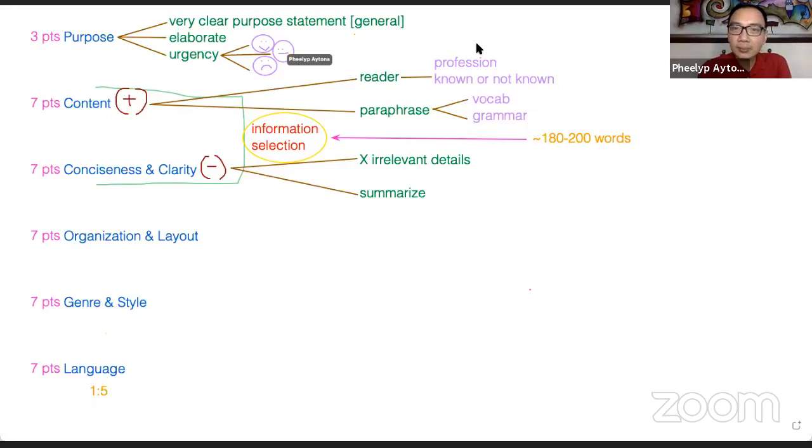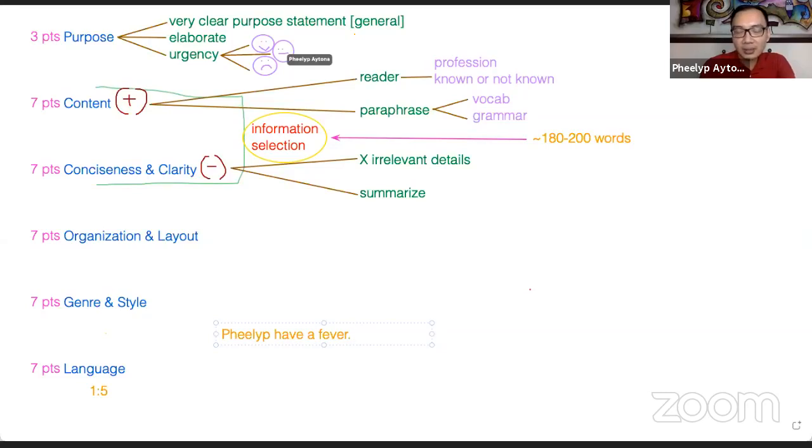So, sample. Pheelyp have a fever. Right or wrong?